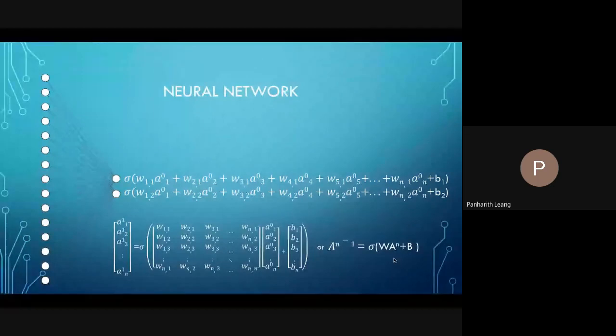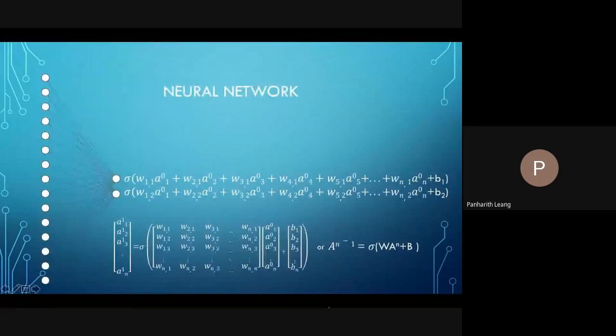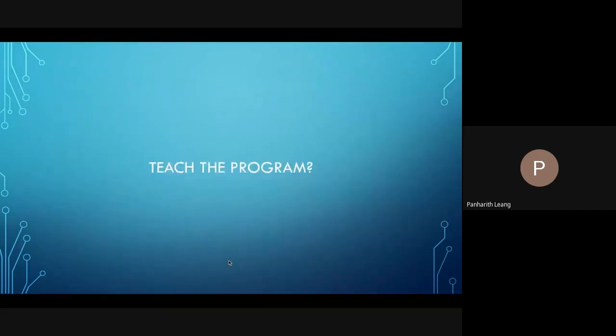But this is a lot of values. If we just put all of these values at random, how do we know what weights to put so that the answer is correct? If we just put random, the prediction would just be random as well. It would be useless. So how do we teach a program to understand what is the correct weight?